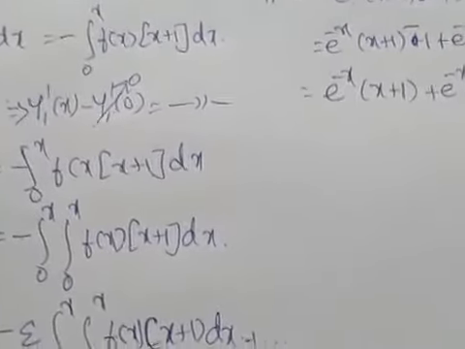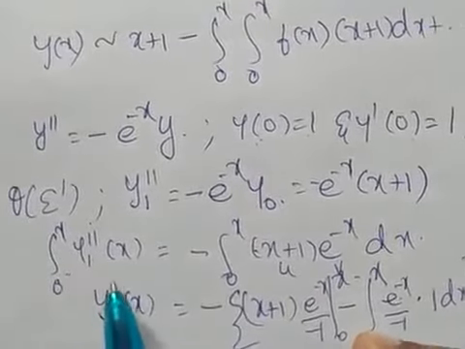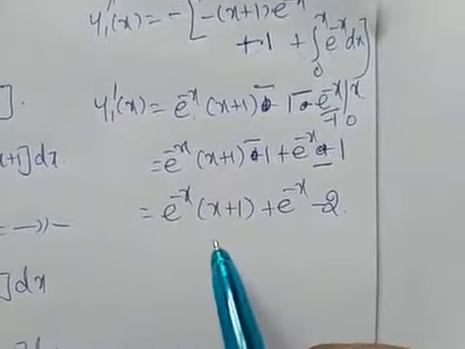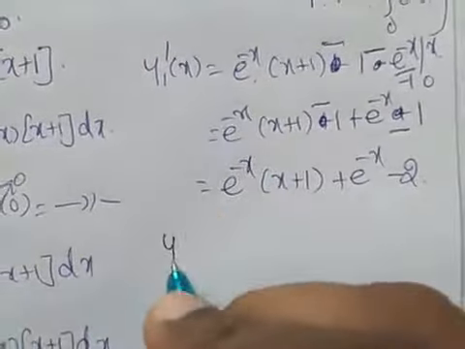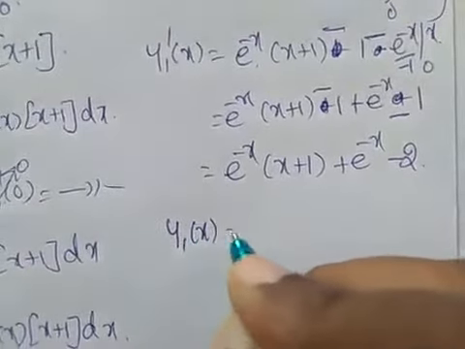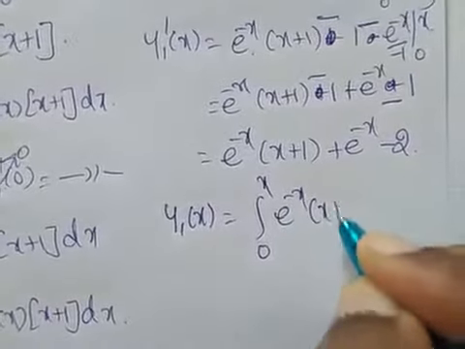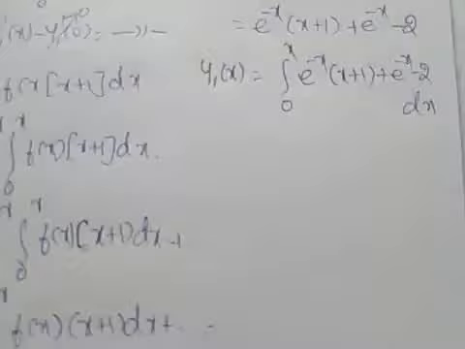Sorry, I made a small mistake. This is our y1 double dash. So when we integrate it, we will get y1 dash. So whatever solution we got, that is our y1 dash. So if we integrate this again, then we will get y1. So when we integrate this again, we will get y1 of x is equal to integral from 0 to x of e power minus x, x plus 1 plus e power minus x minus 2 dx.